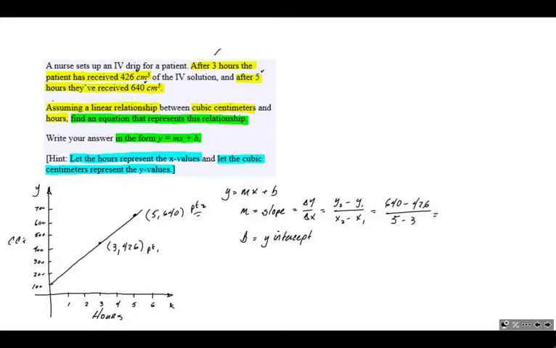If we do that math, we end up with a value of 214 for our change in y, and a value of 2 for our change in x, and if we reduce that improper fraction to a whole number, it's going to come out to 107, and that is our slope. That is our m value.